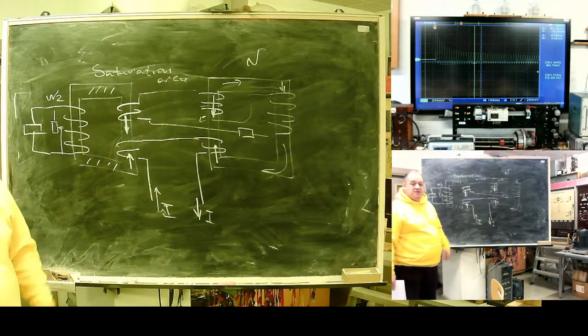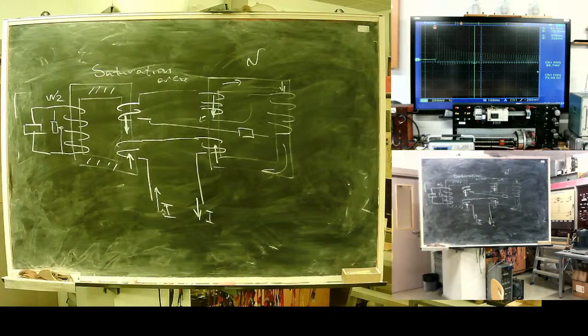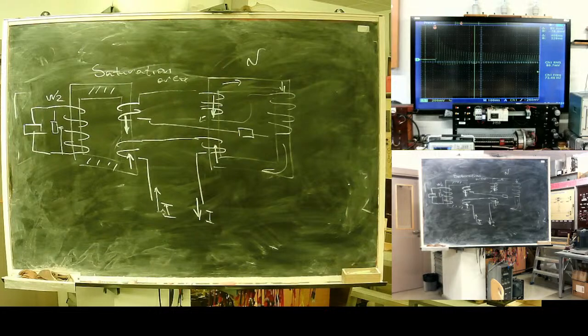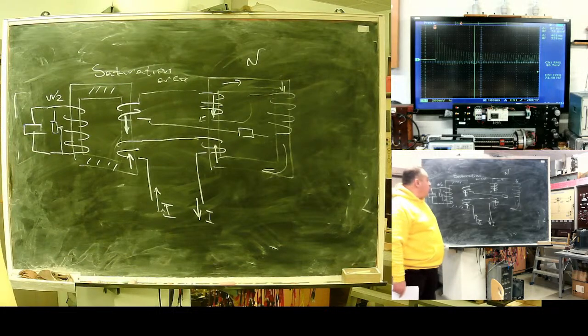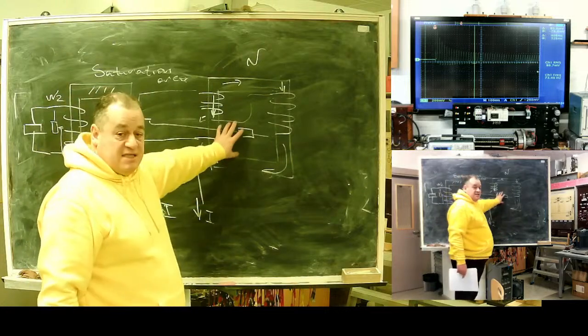But what happens if your primary current contains an exponential component? If you have something like this, the exponential component changes slowly. That means it is badly transformed in this transformer.